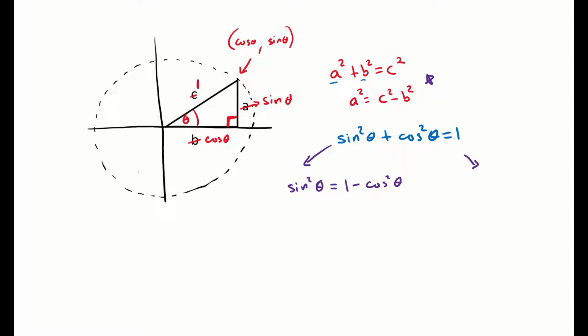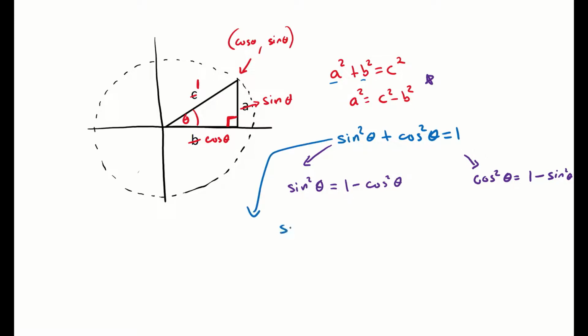And from that, starting over again, instead of solving for sine, if I wanted to solve for cosine squared theta, then I would end up with 1 minus sine squared theta, and so on and so forth. If I put a negative in front, then it changes everything again. And here's one of the cool things.